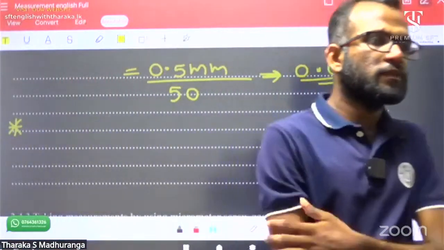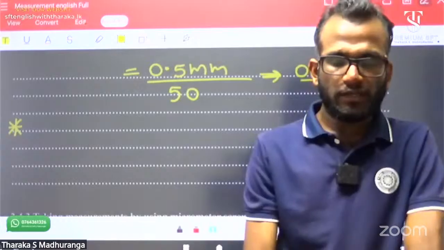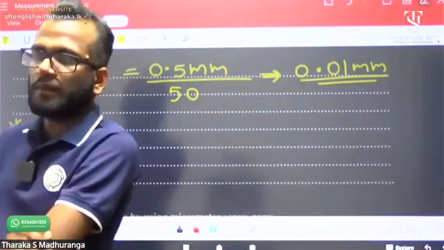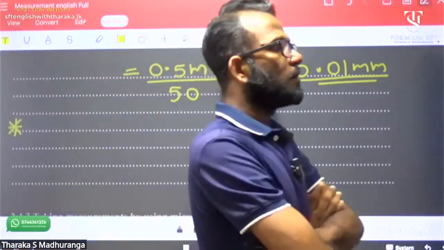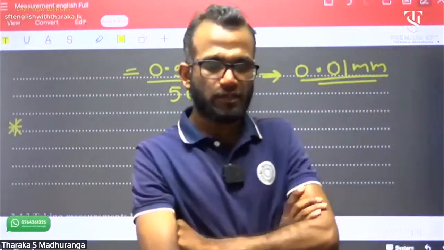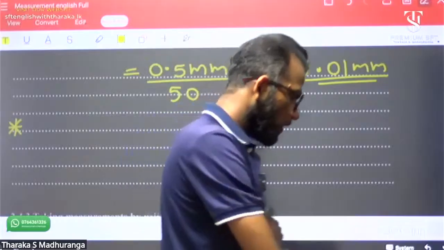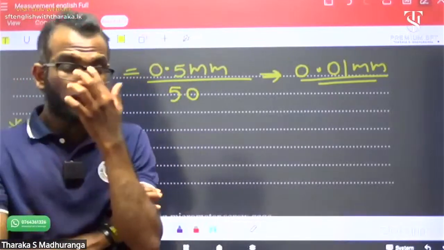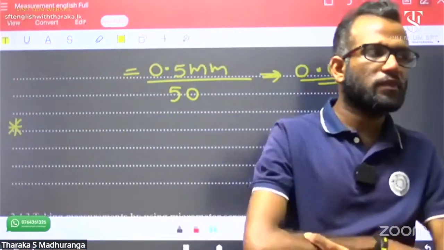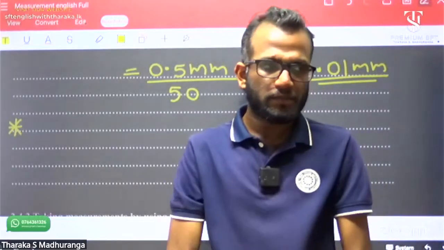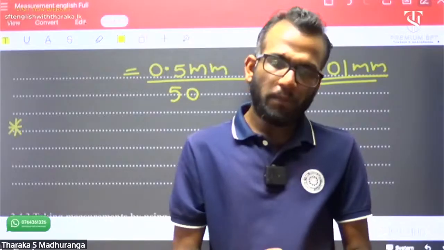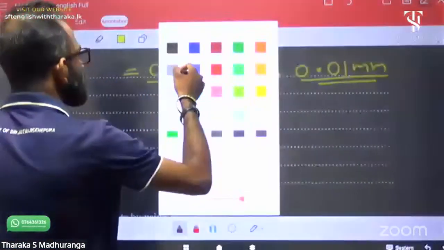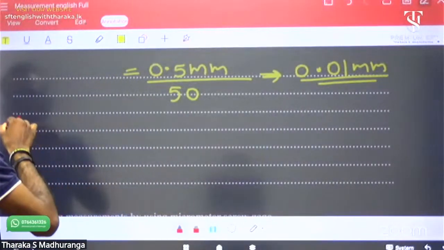There is a micrometer screw gauge with 50 circular scale parts.